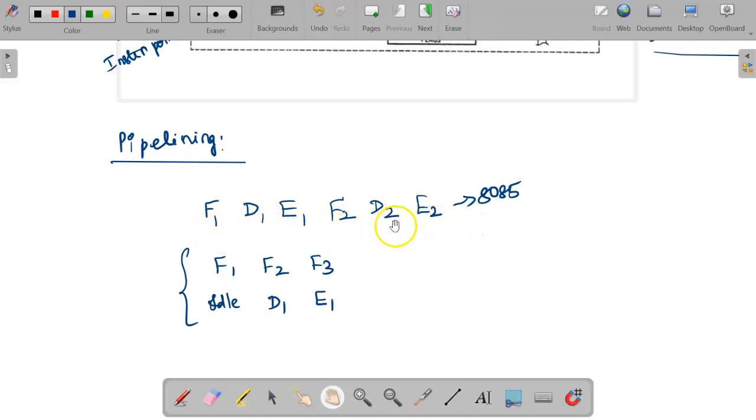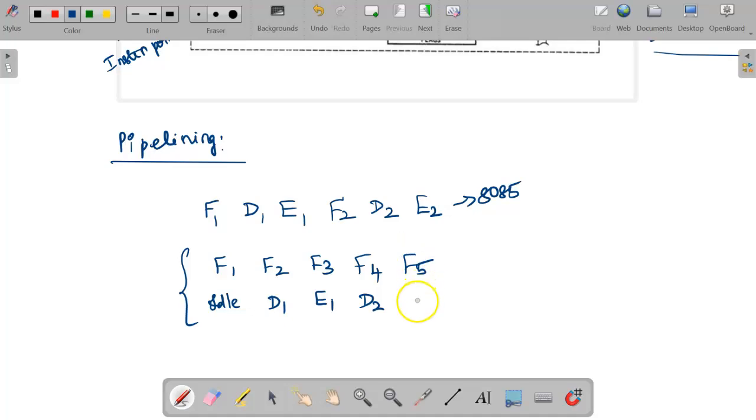6 cycles to execute your second instruction, right? But here, within three cycles, the first instruction execution is completed, and it also fetches the second and third instructions. Then when fetching your fourth instruction, parallelly the decoding of your second instruction will happen.